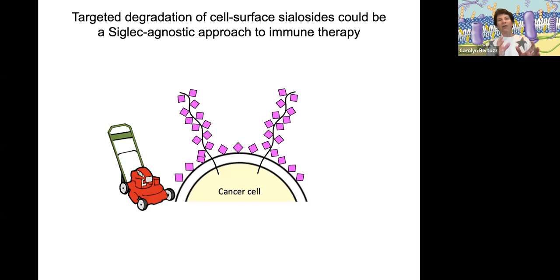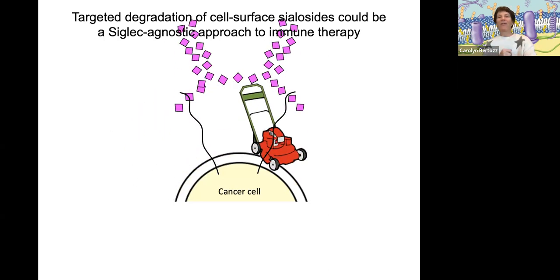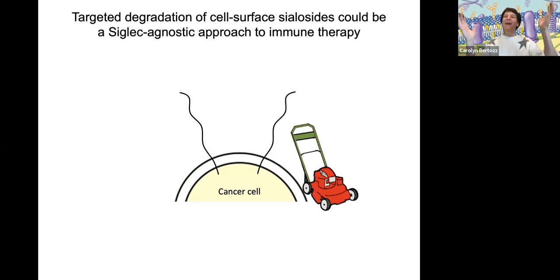It would be a molecule that you can target to a cancer cell and park on a cancer cell, and that would then degrade the sialosides the same way a lawnmower can just cut the grass and mow the sialic acids off the cell surface, depriving every CIGL-X of the opportunity to engage with this cancer cell. So what kind of molecule would function as such a lawnmower?